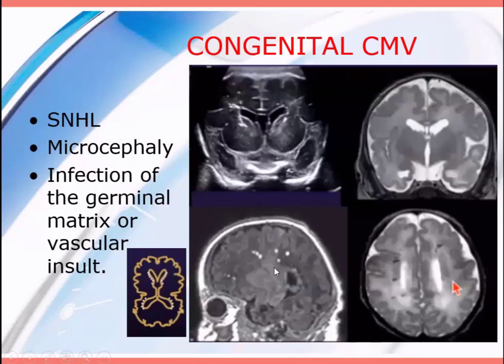And also we can see here that there is calcification. And here in T2 gradient, we have blooming periventricular calcification. So the SWI and the T2 star gradient are very important to detect the calcification.